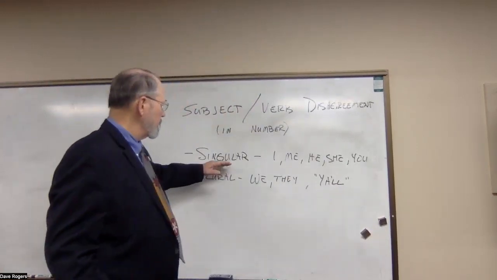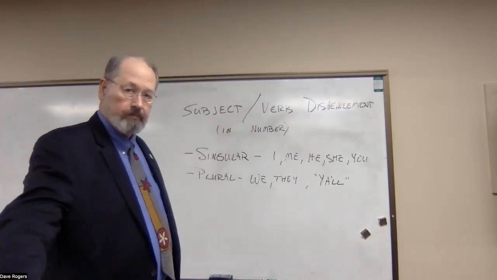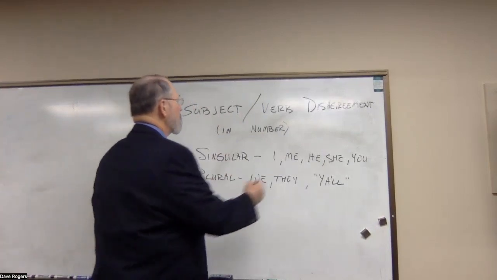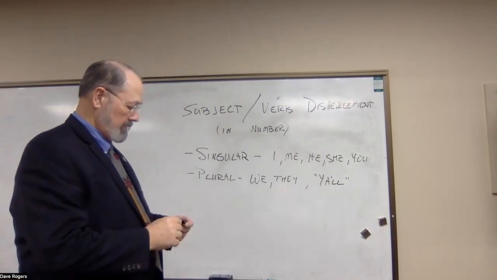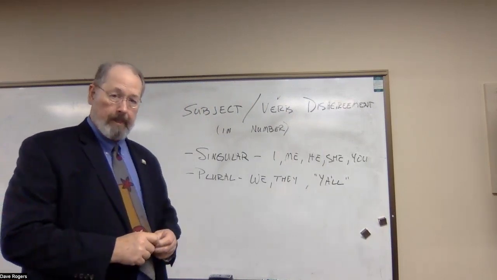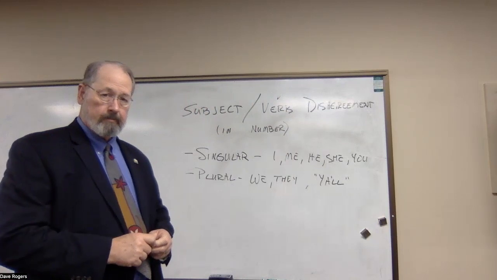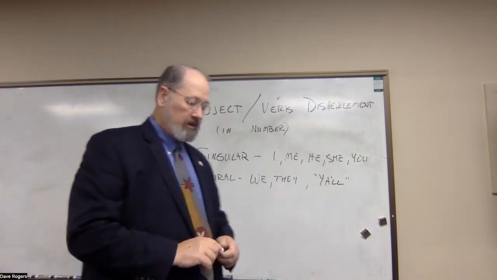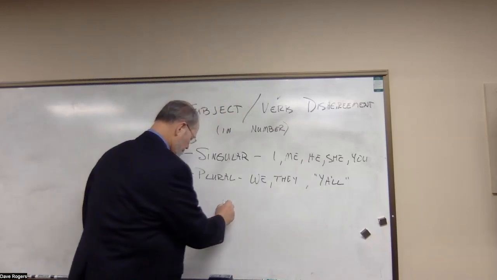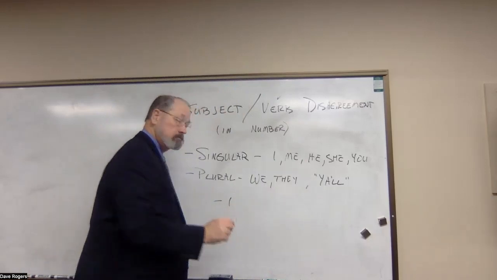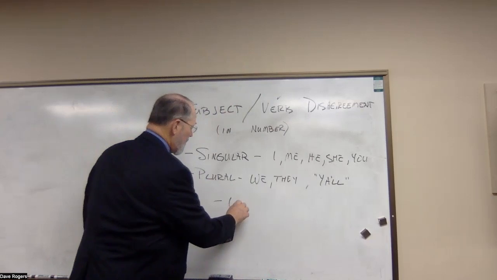Number applies not just to the subject, but also to the verb. How so? The verb to be. To be. You would say in the singular, I what? I am.